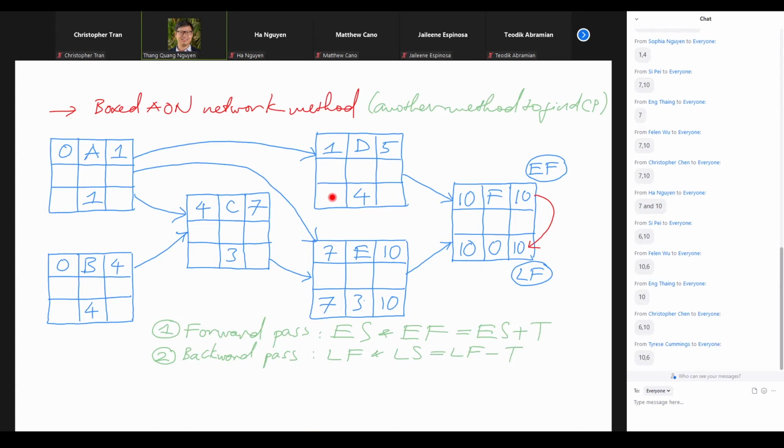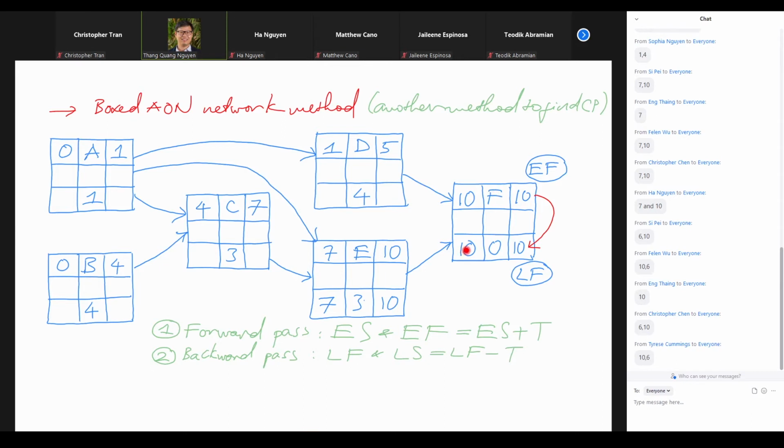So in this case, we look at D. Then we know that D has to be before F, right? That's why we have the arrows right here. It has nothing to do with E, because when we look at D, the arrow goes to F, not E. So we trace along that arrow, and we realize that D has to be done before F. And we want to start F at 10.